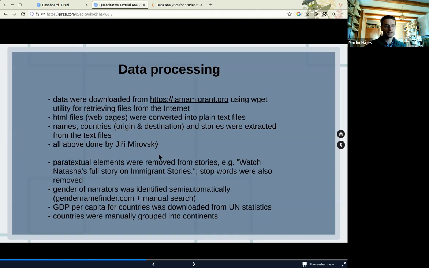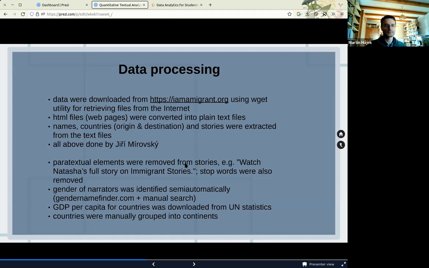And what I did myself was that I removed all paratextual elements. Paratextual elements are elements that are not the stories itself. For example, there were sentences like, watch Natasha's full story on immigrant stories on another website. And these paratextual elements were included in stories, so it was impossible to extract them automatically.